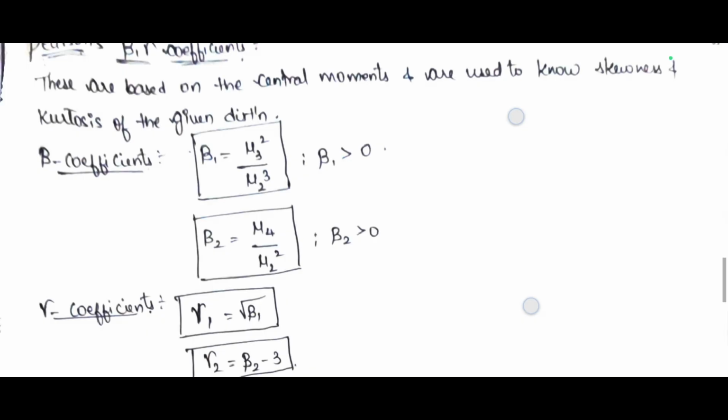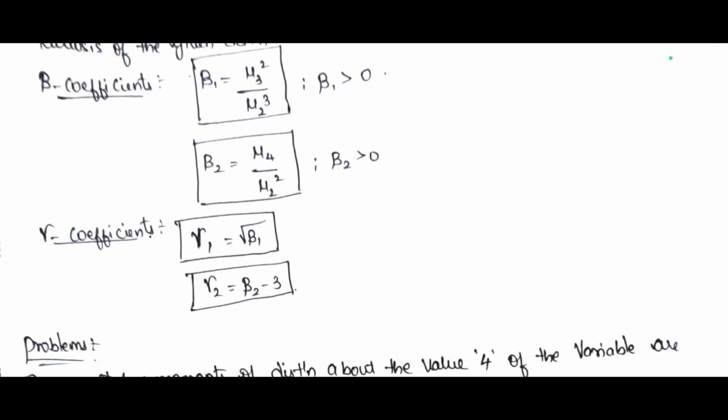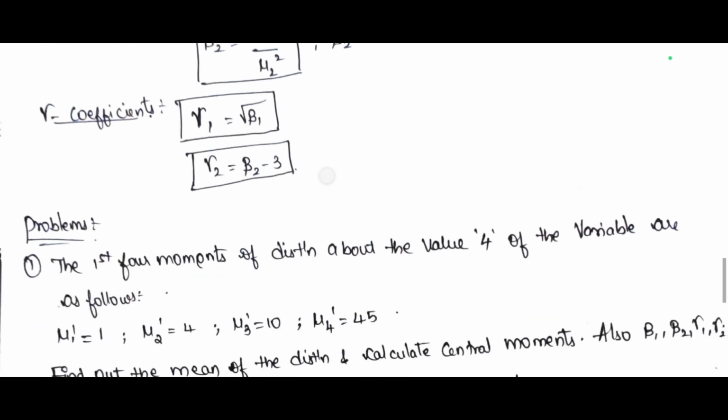Beta 1 is the measure of skewness, that is mu3 square divided by mu2 cube, where beta 1 is always greater than or equal to 0. Next, coming to beta 2, that is mu4 divided by mu2 square. So the gamma values: gamma 1 is equal to the square root of beta 1. Next, gamma 2 is equal to beta 2 minus 3.